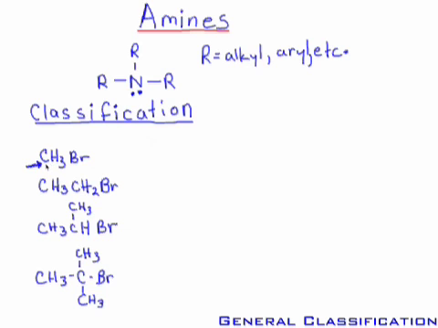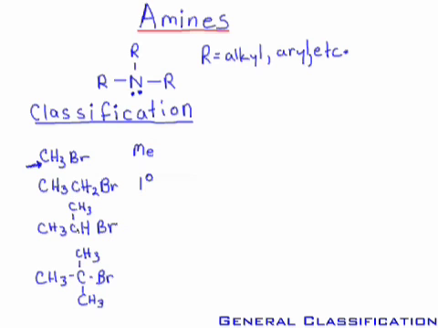In the case of methyl, which has no carbons attached to it, it's referred to as a methyl group, and so this is a methyl halide. We often just give it the symbol Me. The next halide has one carbon attached to it, so it's referred to as a primary or first degree halide.